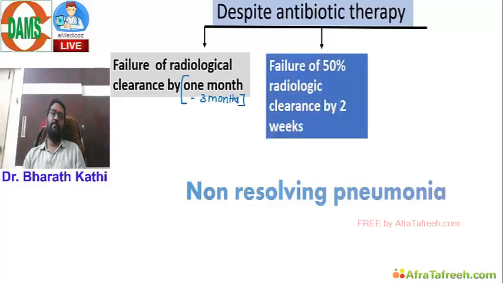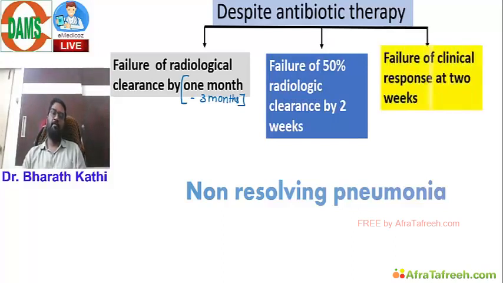Or within 2 weeks, 50% clearance has not happened. Or the patient is not having a clinical response. Generally, compared to the chest X-ray, there will be clinical improvement first. So despite adequate antibiotic therapy, the patient is not responding in 2 weeks.